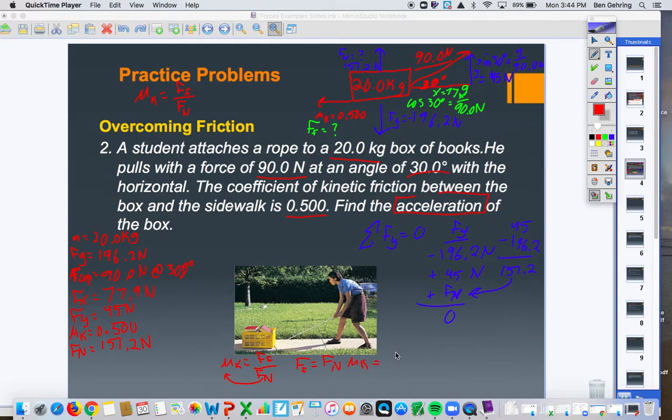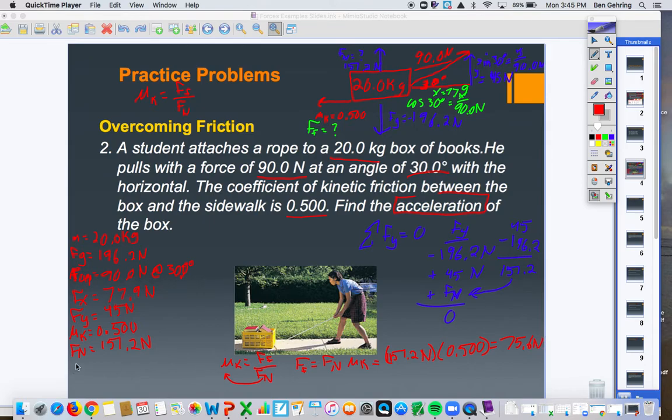So in this case, that's going to be equal to 151.2 times my coefficient, which was 0.500. So if I multiply those out, I get 75.6 newtons.